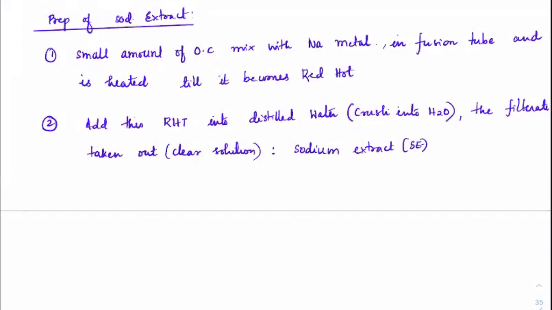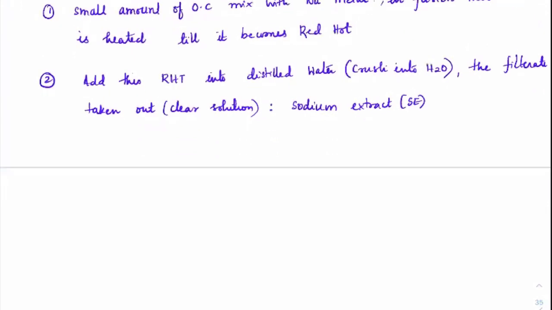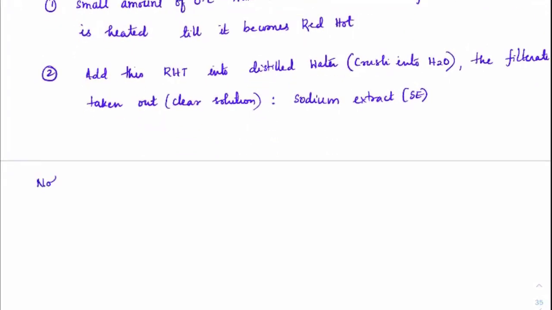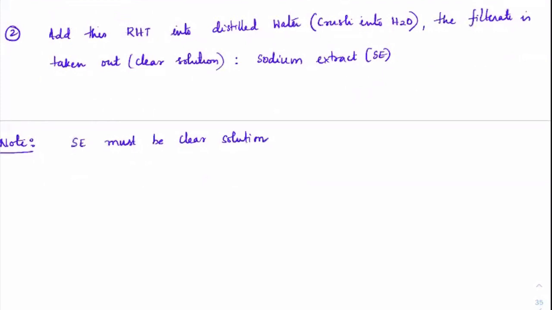One very important thing that you need to check during this extraction is that the sodium extract must be a clear solution. If it is some colored solution, which means the reaction has been incomplete. Got it? So there must be some incomplete decomposition.